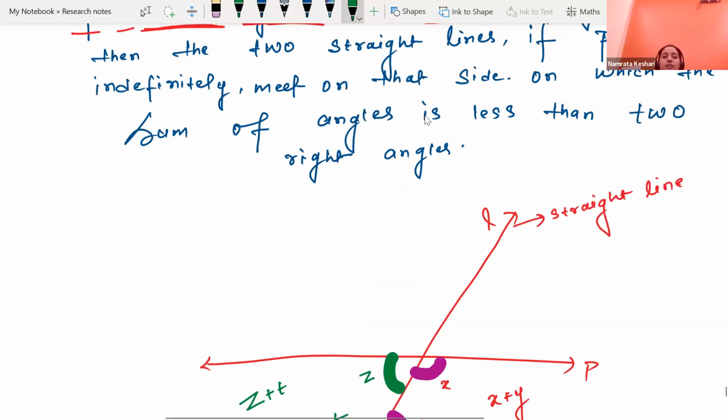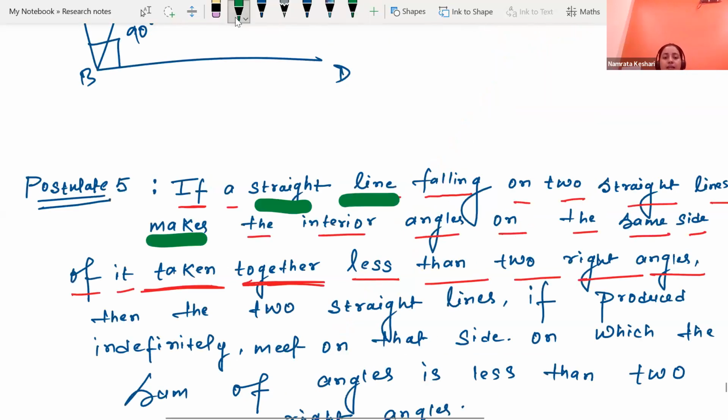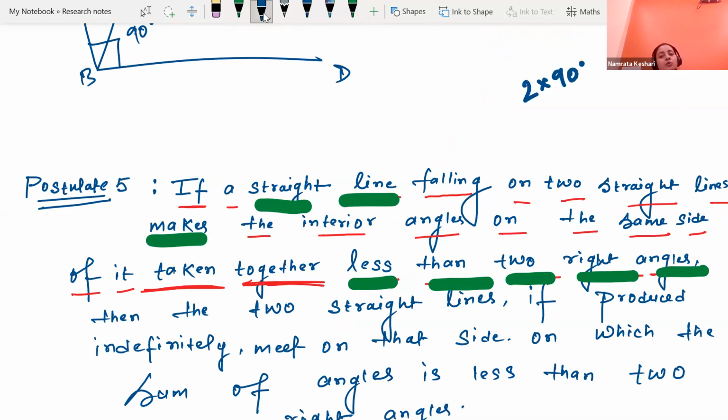Now focus here, clearly it is written less than 2 right angles. Right angle means 90 degrees, and 2 right angles means 90 plus 90, which is 180 degrees.